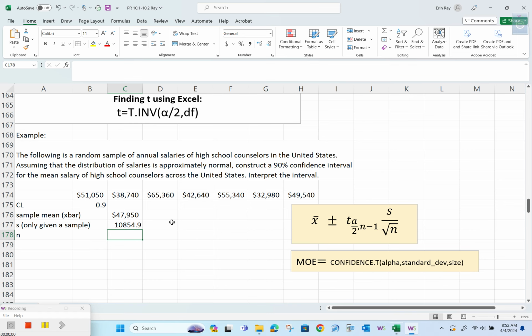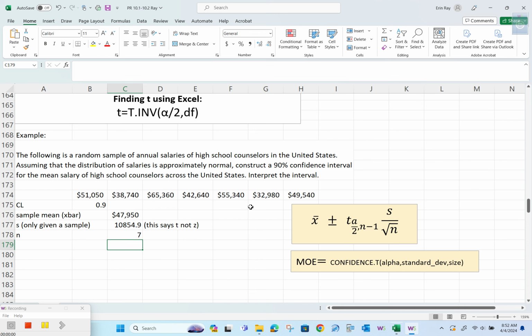Now, when we're given only sample information, then we have to make sure that we are using a t distribution instead of z. And n, we can literally count here, 1, 2, 3, 4, 5, 6, 7 in my sample.